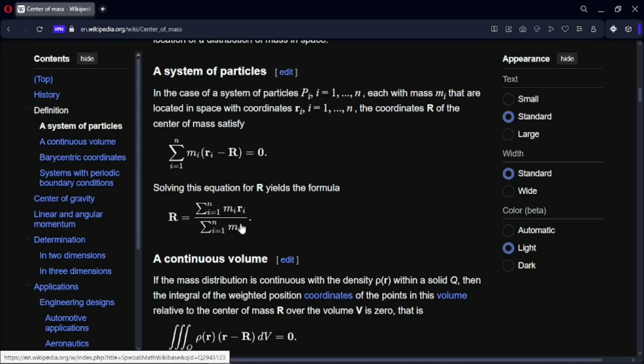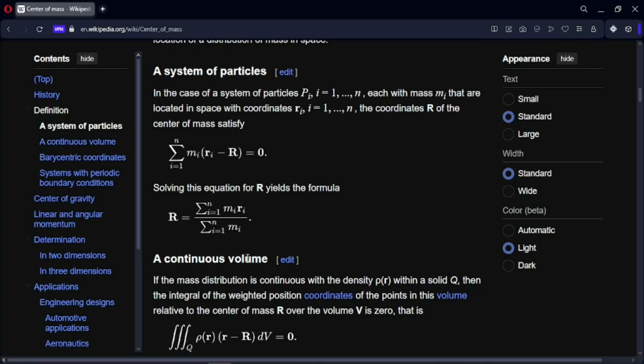Also, this one is a vector. Actually, it is a weighted average of the coordinates of the points. We have n points with coordinates ri, each with a mass mi. So it is a weighted average over the masses.